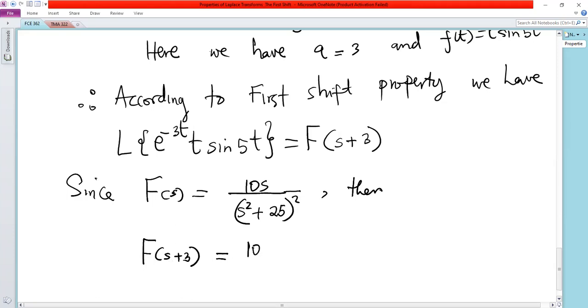So this will be 10 times s plus 3 divided by s plus 3 squared plus 25, and then you square this result.